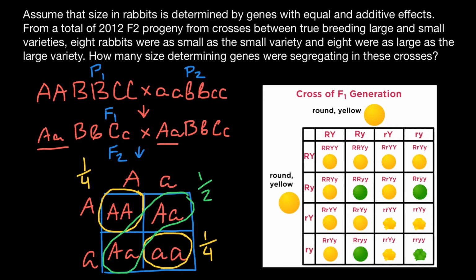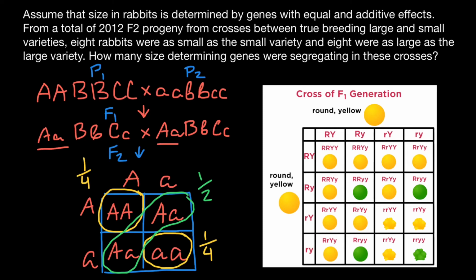So as you see, the two genes, 4 alleles model would give us a square 4 by 4, which is 16. So one gene, 2 alleles, gave us a 2 by 2 square.